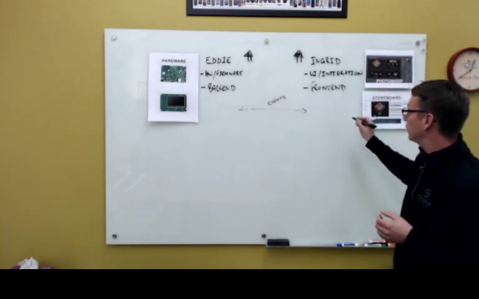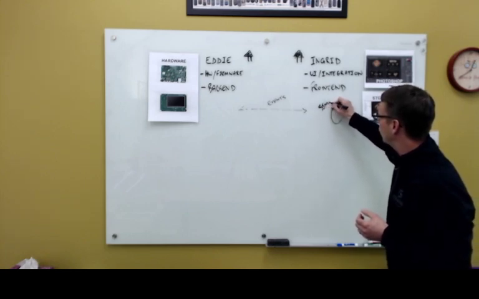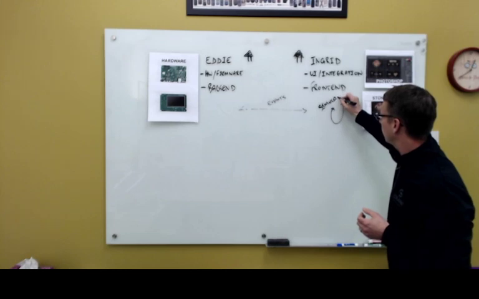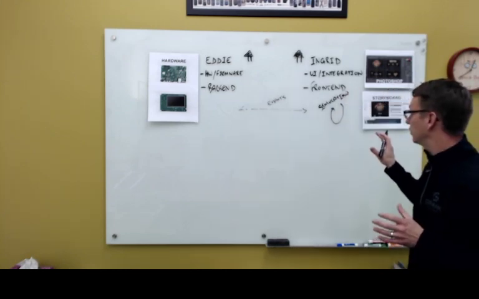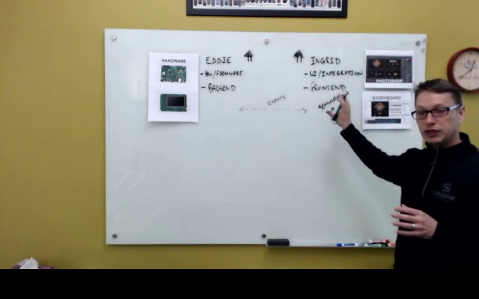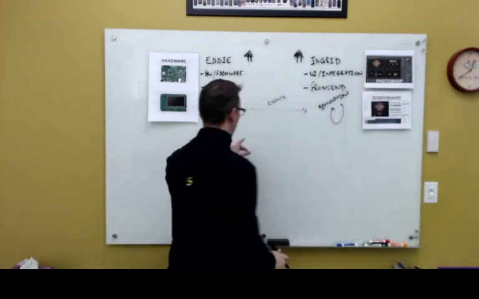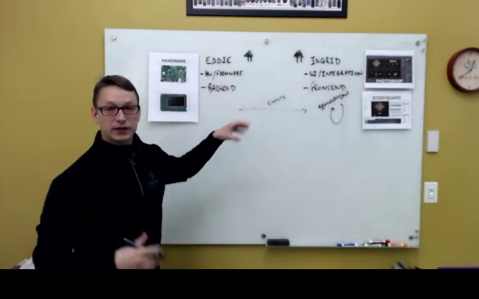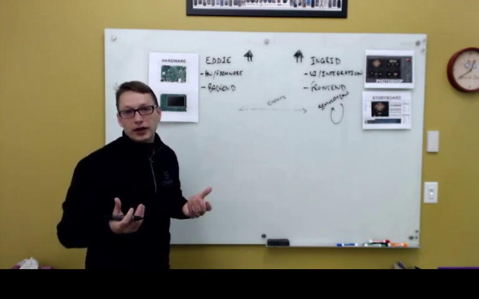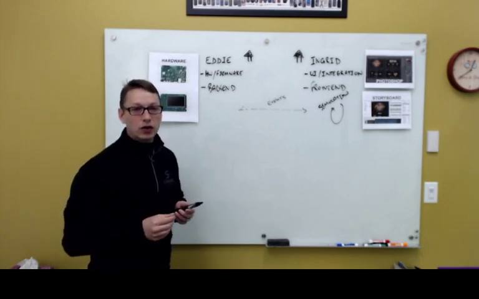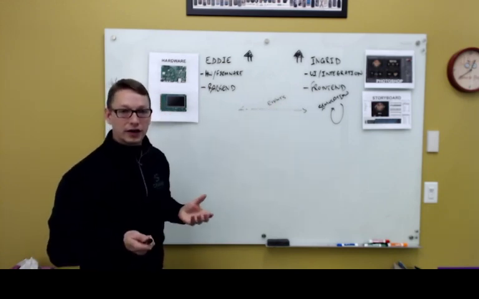What that does is it allows a simulation to occur in a much easier fashion. Ingrid can work independent of what the hardware is doing, and at the same time, Eddie doesn't need to know what the UI is actually doing with his data.